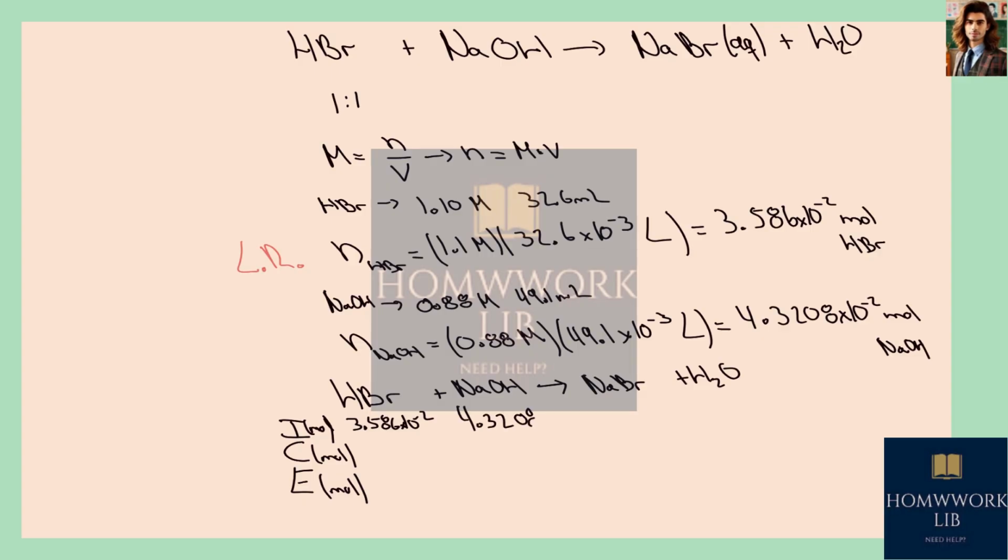So we just need to write down the initial quantities. Over here, I really don't need to do any calculation on the amount of NaBr that is going to be generated, but just for you to check up.